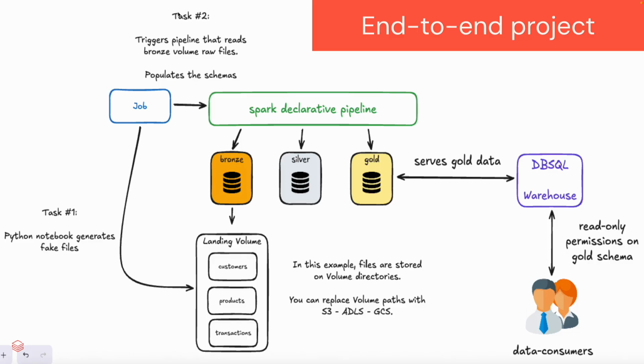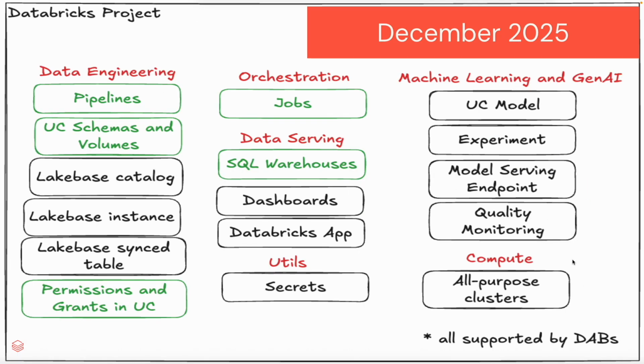And then task number 2 runs and triggers the Spark declarative pipeline. The Spark declarative pipeline is going to populate the bronze, the silver, and the gold schemas. And then there's going to be a warehouse that is going to serve the gold data. That's the scope, that's the goal.